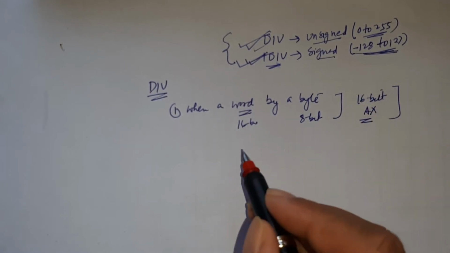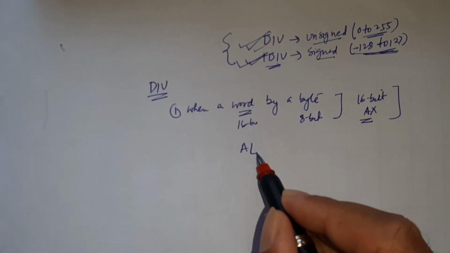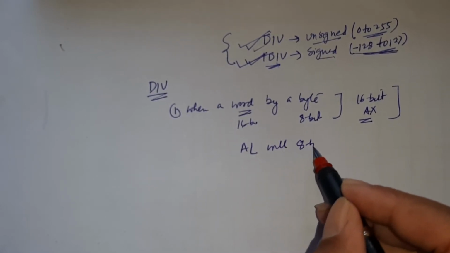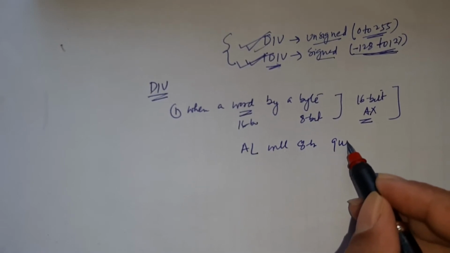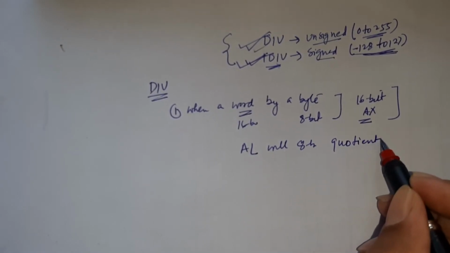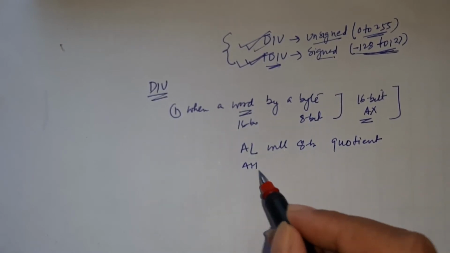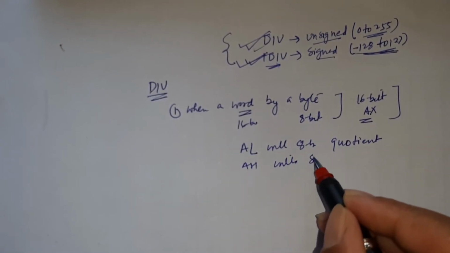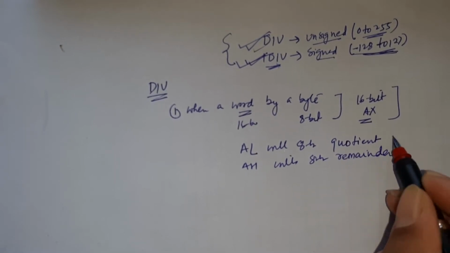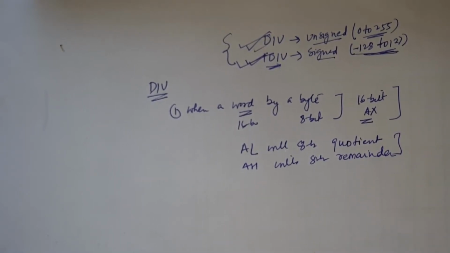After the division, AL will contain the 8-bit quotient, and AH will contain the 8-bit remainder. So this is the first condition.